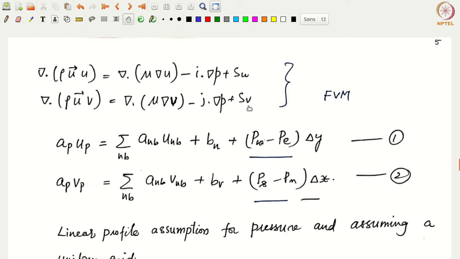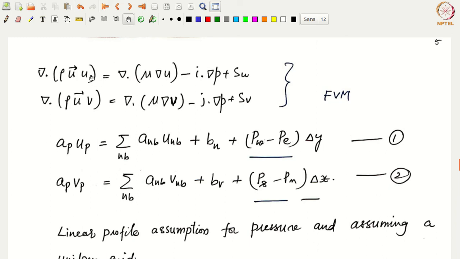If we plan to apply the finite volume method for this, then just like the way we have done it for the general scalar transport equation, we can write the final discrete equation as AP phi P equals sigma anb phi nb plus b.